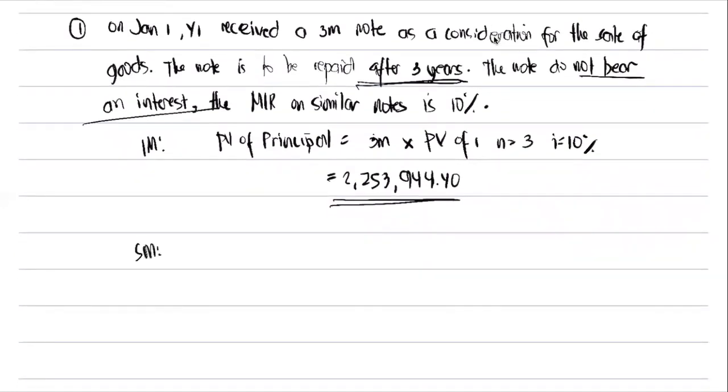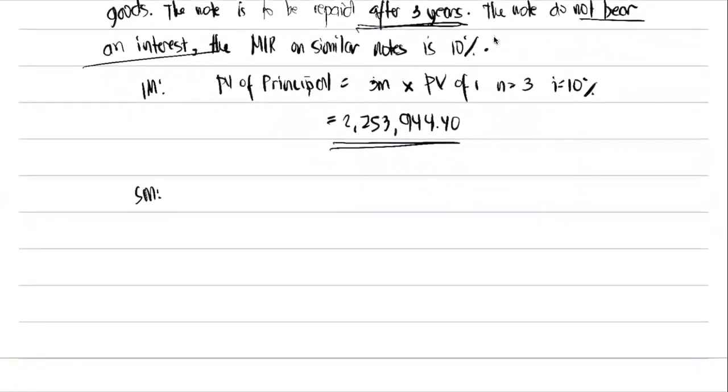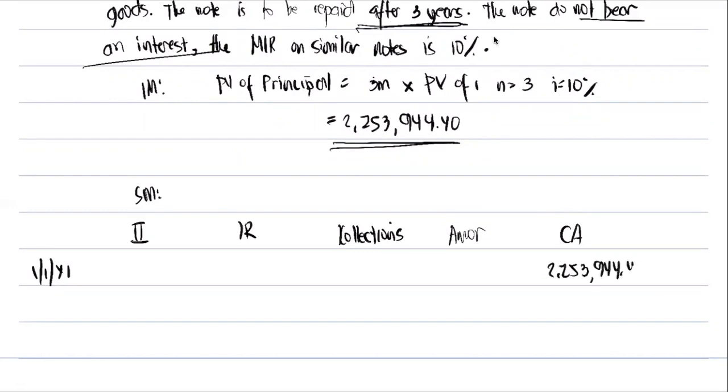We proceed now to our subsequent measurement. So to our subsequent measurement, we prepare again an amortization table. We have here your interest income, interest received, and then your collections on principal. Then we have your amortization, and we have your carrying amount. So January 1, year 1, our carrying amount is 2,253,944.40.